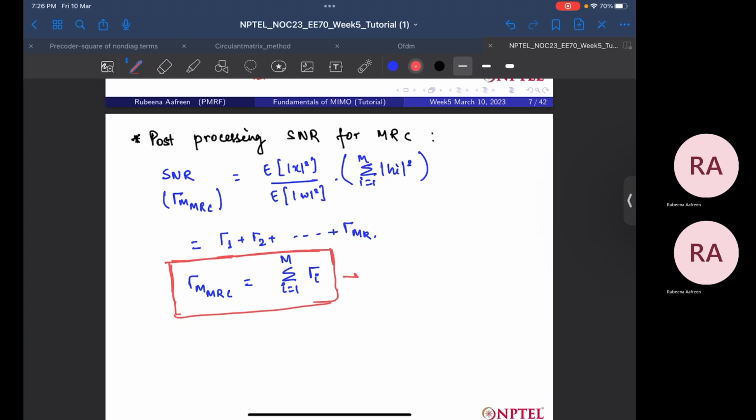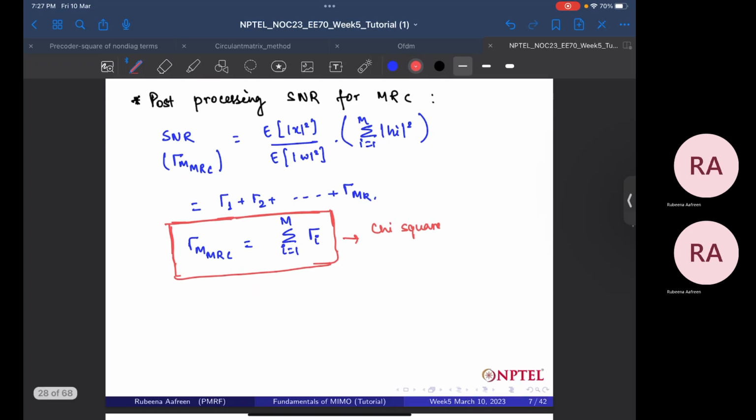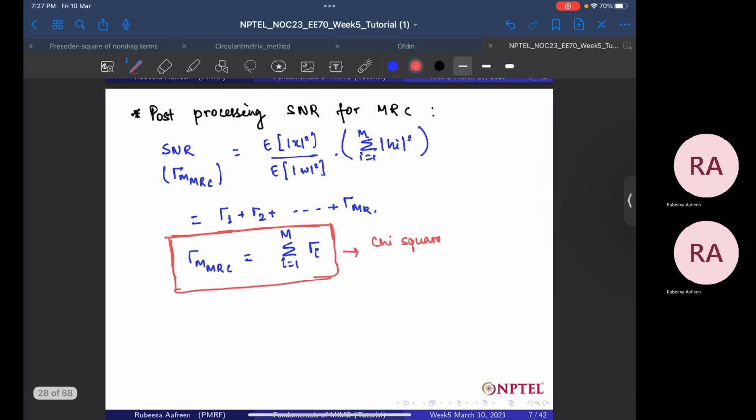So this gamma_MRC is chi-square distributed again. But here we see that only Mr terms are there, right? Since each h_i square has 2 degrees of freedom, it is also chi-square distributed, and then m terms are getting added, so it will have 2m degrees of freedom.